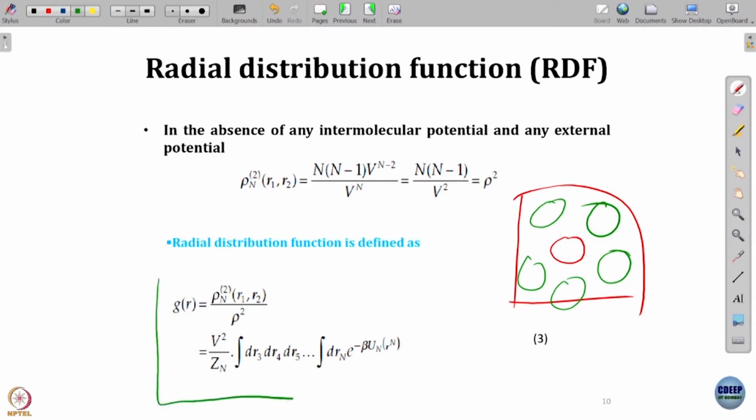So now I go by the following important definitions. The radial distribution function is the joint probability of having one molecule at R1 and another at R2, divided by rho squared.